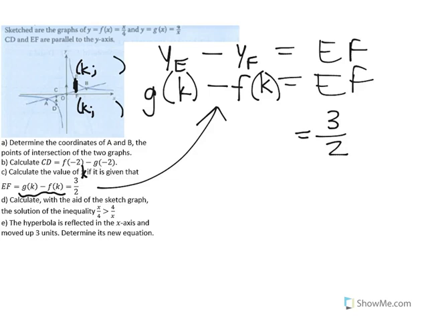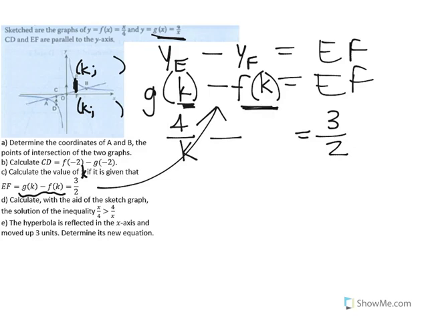It's 1.5. So what's left for us is to figure out what g of k is and what f of k is. So g of k, when my input is k, the output of g is going to be 4 over k.